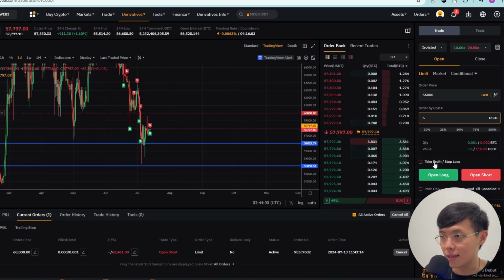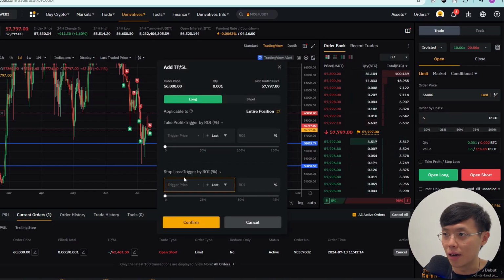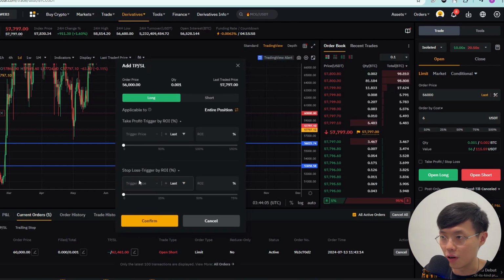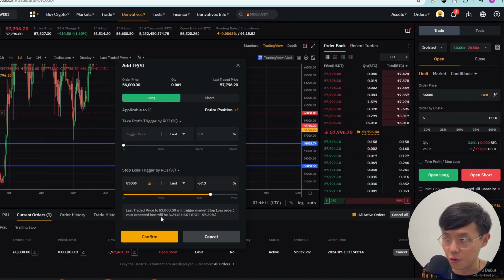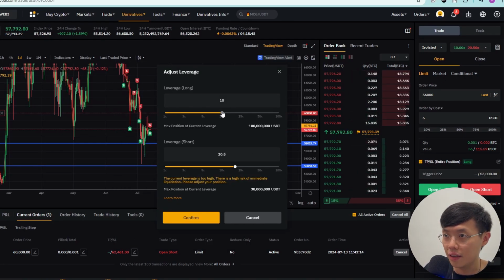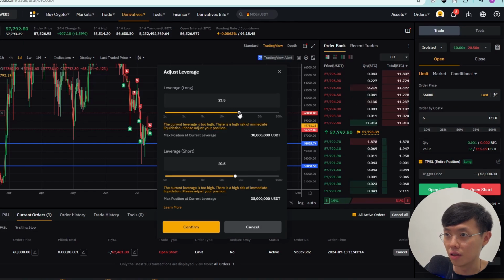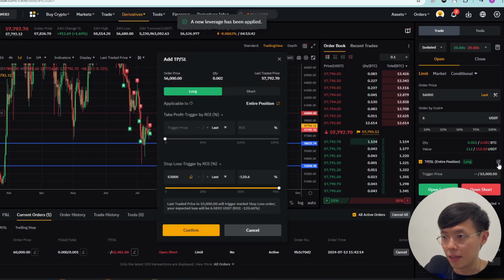And my TPSL, let's see my SL for long is 53,000. So my expected loss is 3.2, right? So I need to make the leverage higher, for example, 20. And then let's look at my TP, right? It's 6, it's too high right now.